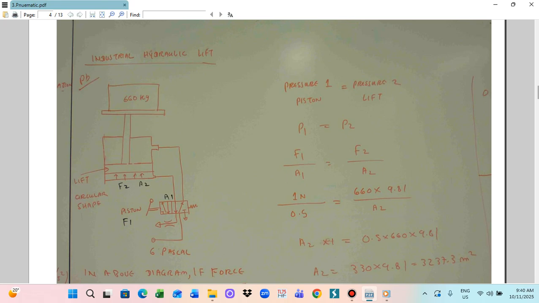Pressure is equal to force divided by area: F1 divided by A1 is equal to F2 divided by A2. So A2 has to be calculated.